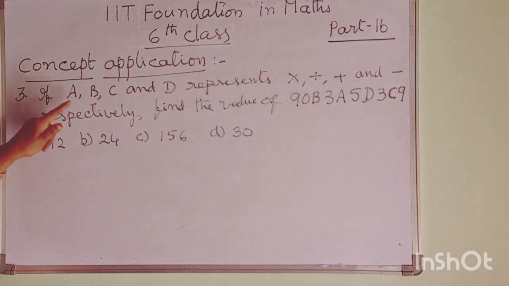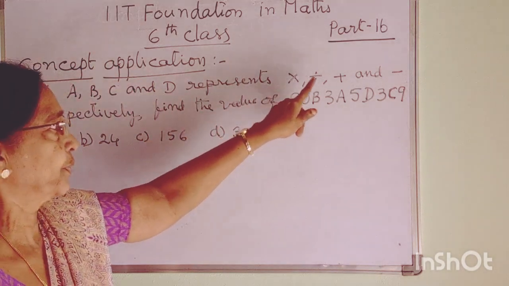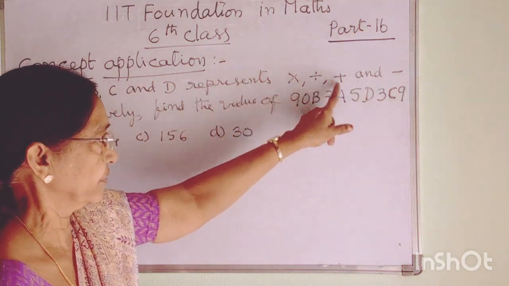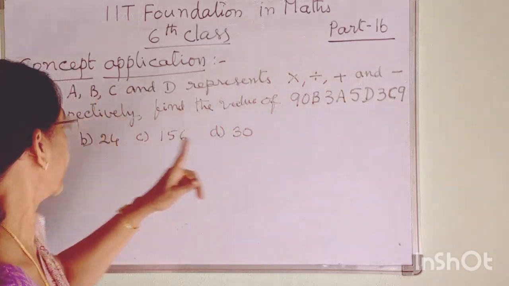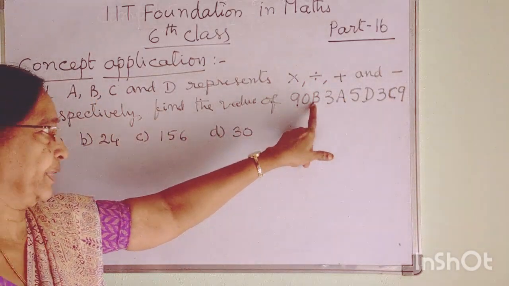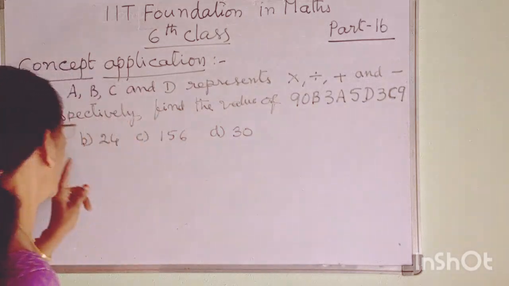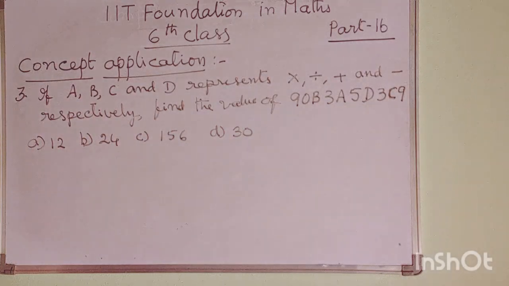Next problem. If A, B, C and D represent into, divided by, plus and minus respectively, find the value of 90 B 3 A 5 D 3 C 9. So, 4 options were given.